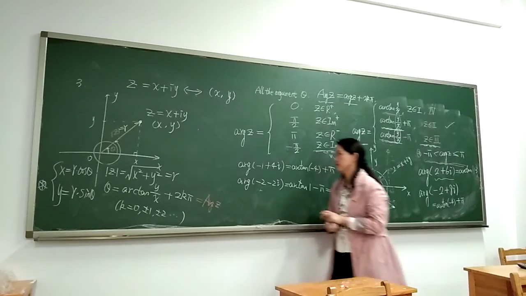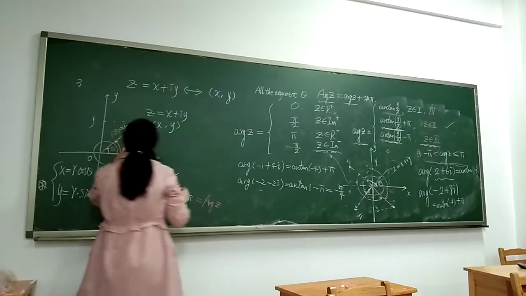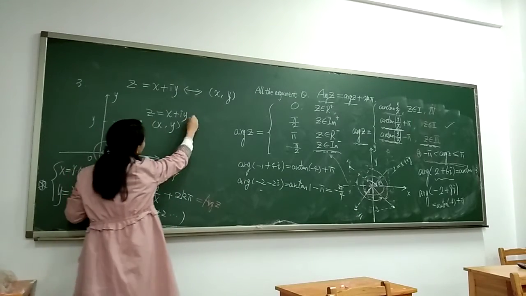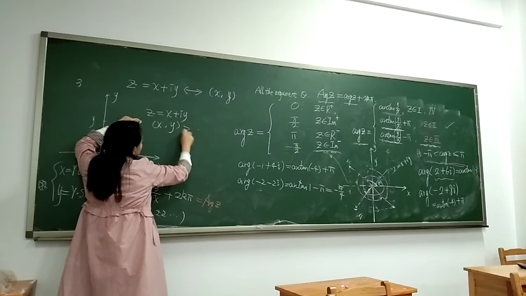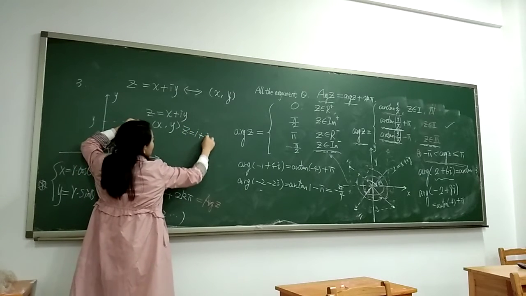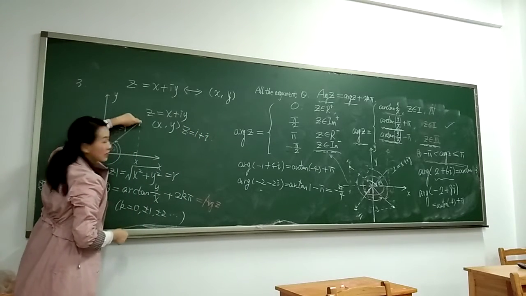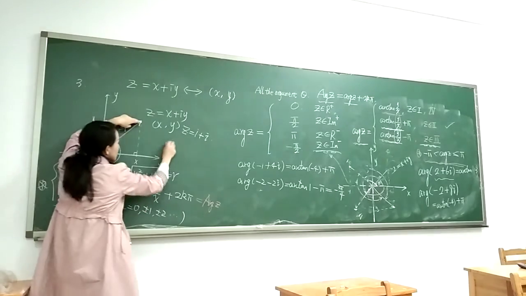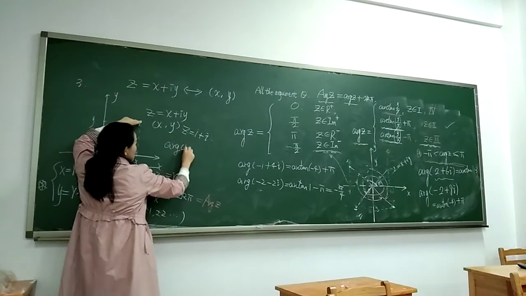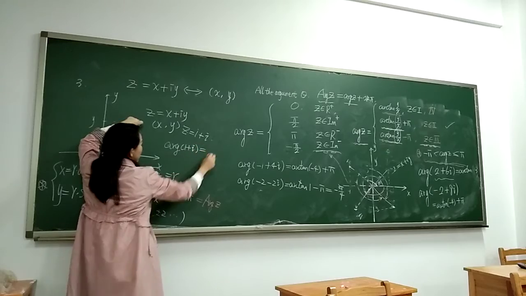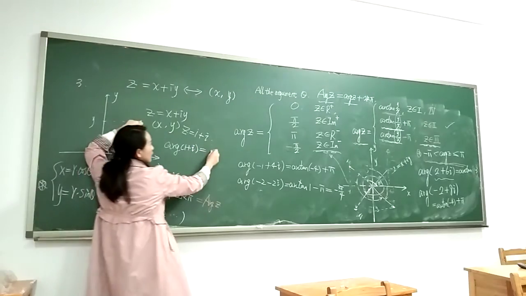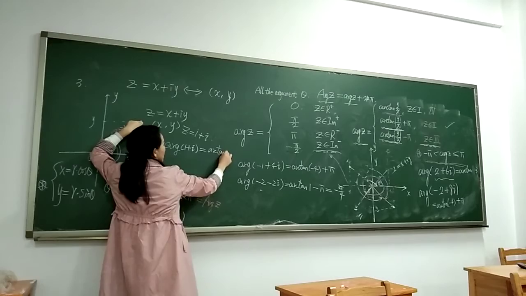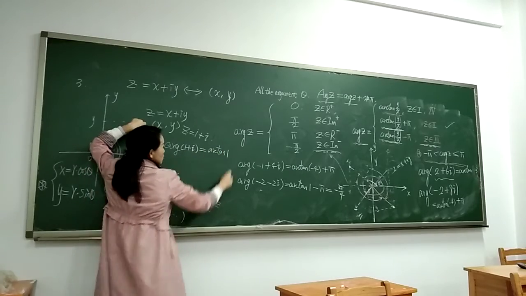For example, if z equals 1 plus i, z is here. So the principal argument of 1 plus i, we know this is arctangent y over x, which is 1.